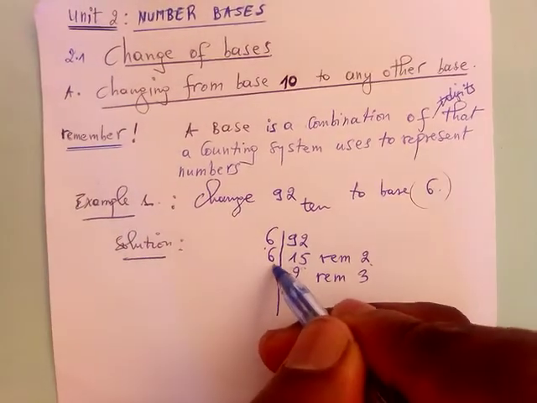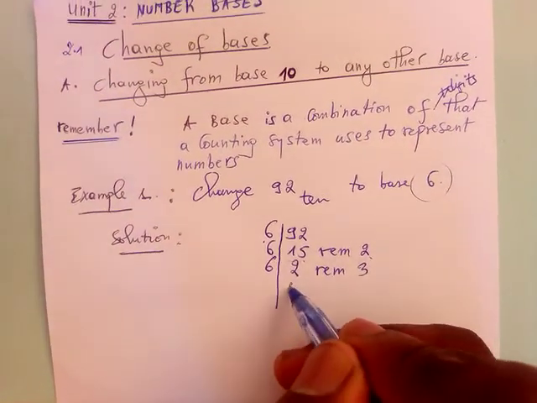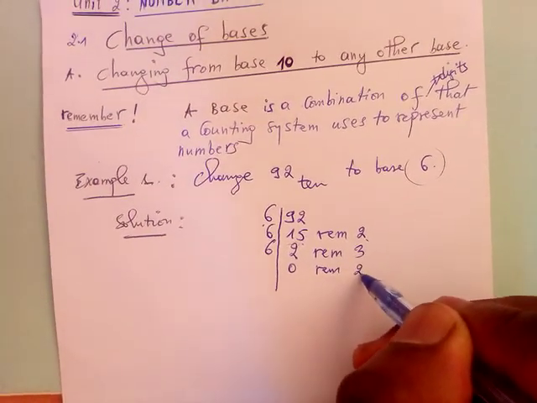That's why if we divide 2 by 6, we have 0, then remainder 2.